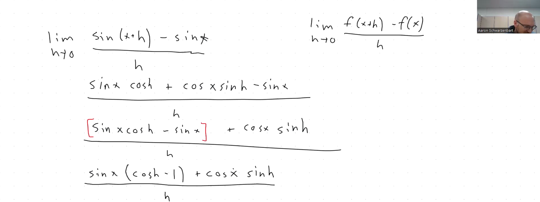Okay, so now I can start splitting things up. There are a few known limits that I'm about to use. We haven't necessarily gone over them yet, but I'm going to write them up here. Limit as h approaches 0.